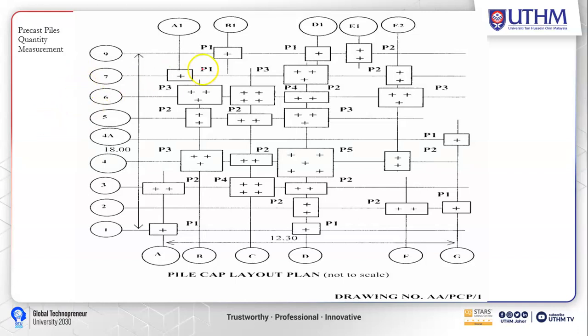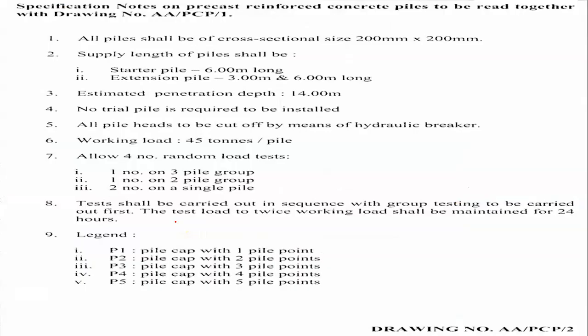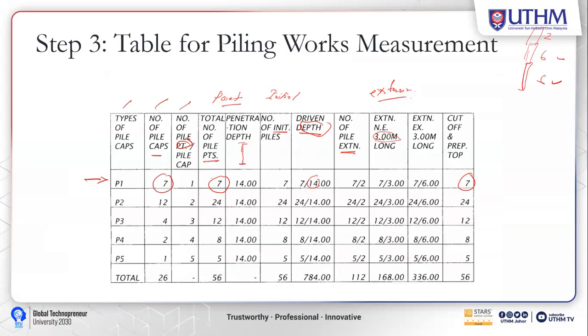We have P1 here: 1, 2, 3, 4, 5, 6, 7. We have 7 pile caps.